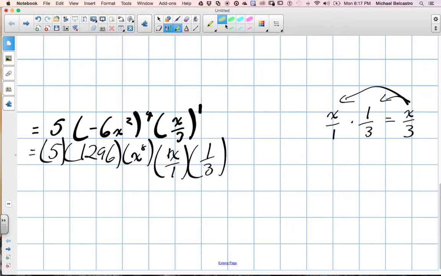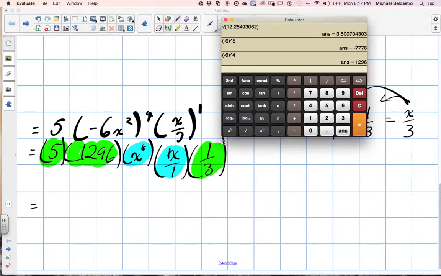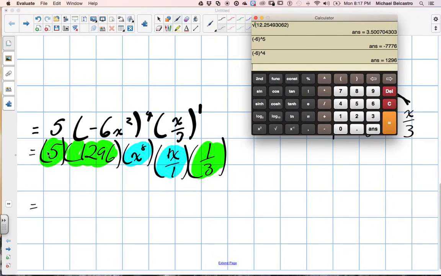So now what we can do is lump our like terms together. We have our constants we can multiply, and we have our variables we can multiply. Let's do the constants first. When you multiply by a third, it's the same as dividing by 3. So I'm going to multiply these 2 values and then divide by 3.